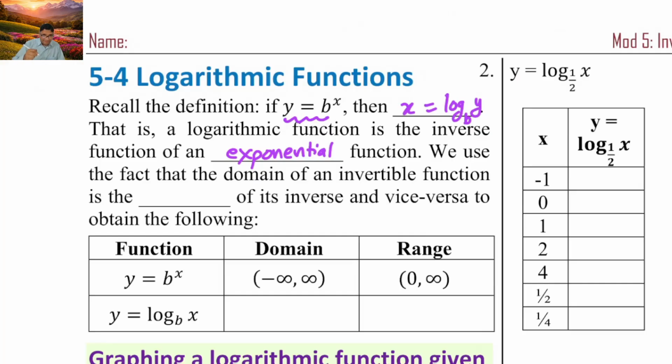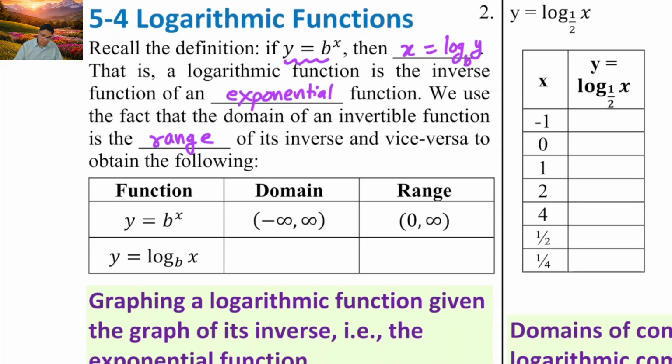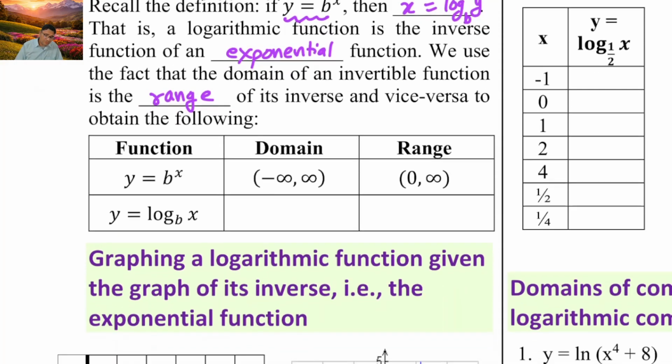We use the fact that whenever a function has an inverse, the domain of that function is the range of its inverse, and vice versa, right? That's the relation between domain and ranges of a function and its inverse when it exists.